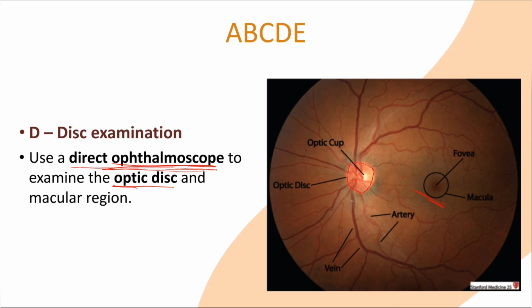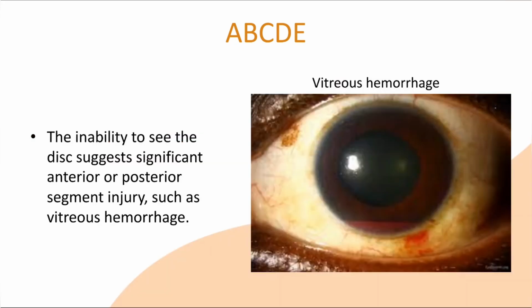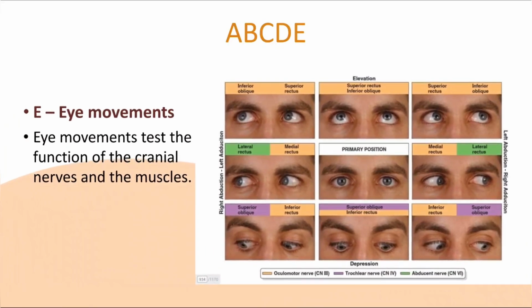It is wise also to examine the arteries for any dilatation and look for other signs. Sometimes vitreous hemorrhage can be there. The inability to see the disc very well may suggest anterior or posterior segment injury, such as vitreous hemorrhage.